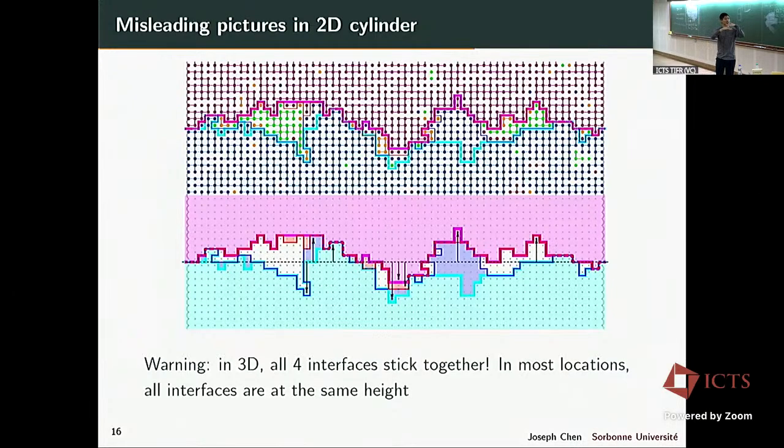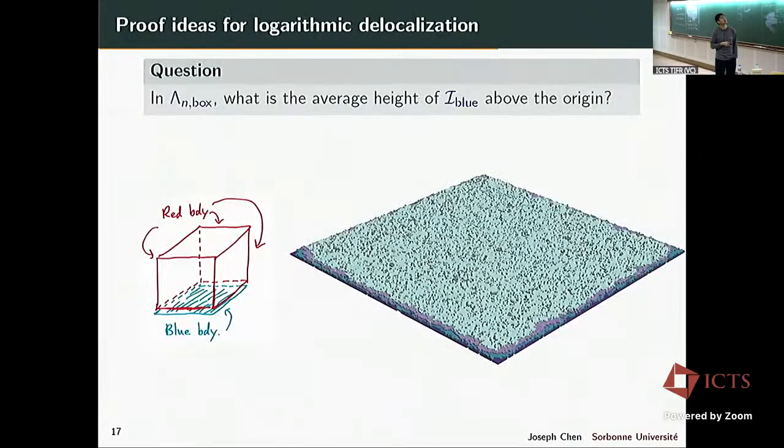And again, in 3D, it's easy to show that in both settings, you'll have these four interfaces stuck together in most places. So in particular, the typical height of the four interfaces is the same. Okay, so any questions about this setup before I start the proof?